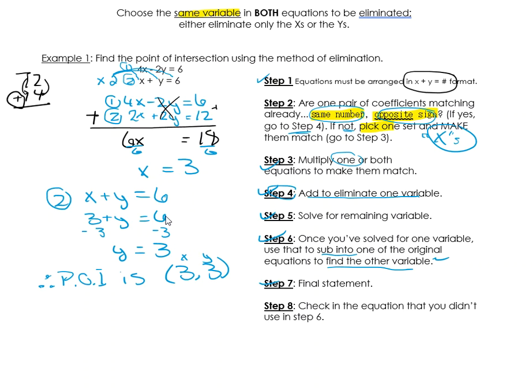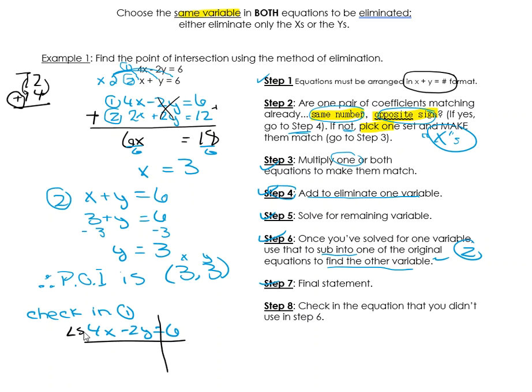So I want to just check. Remember up here for step 6 I picked equation 2 to sub into, so I want to sub into equation 1 to make sure. I'm going to check in equation 1, and equation 1 was 4x minus 2y equals 6. So to check, we turn it into kind of a T-chart here. Put a line through it.